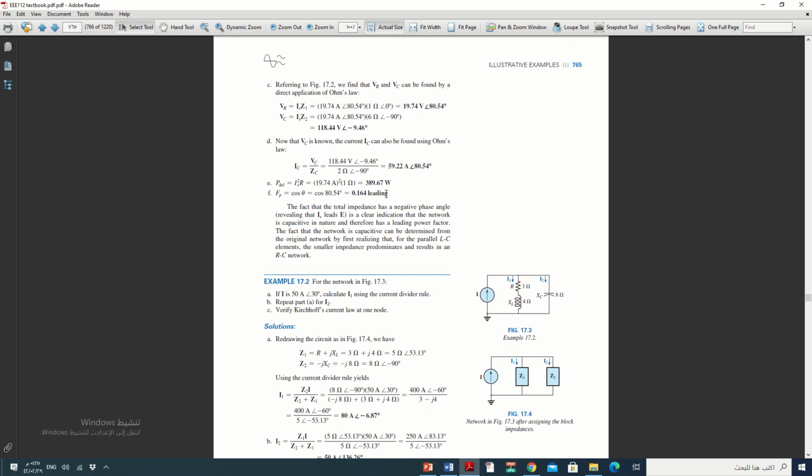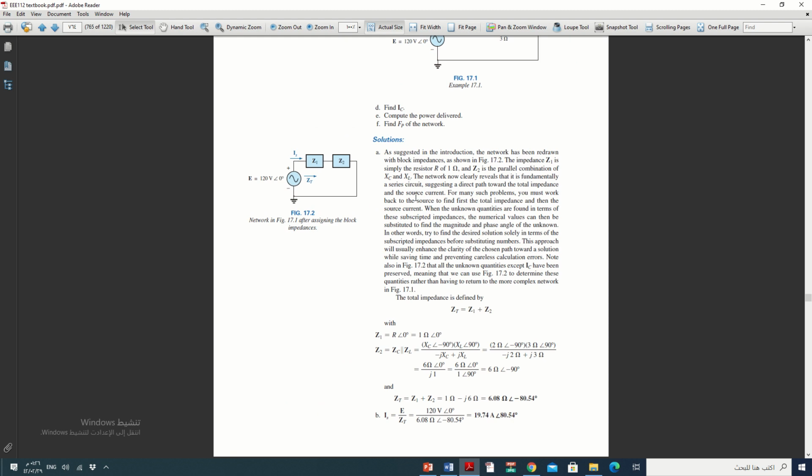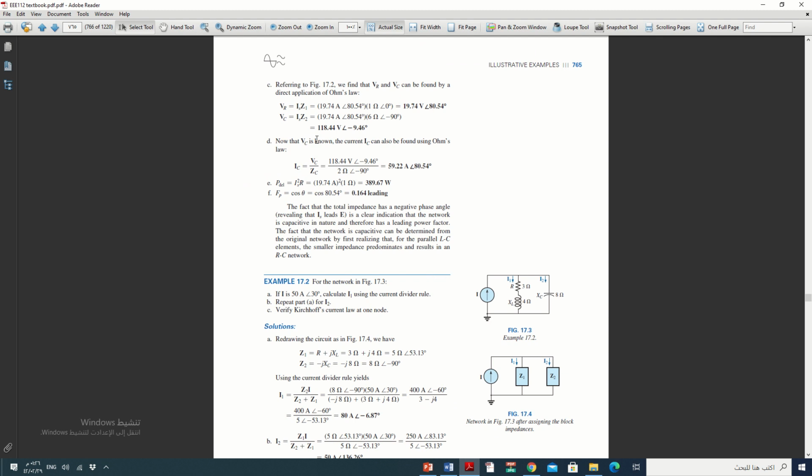Why did we write leading? After the power factor we must write leading or lagging. Leading means I total, I source, leads V source. If you notice, IS is at 80 degrees, which is greater than 0 for the voltage source. Okay, by this we end example 17.1.